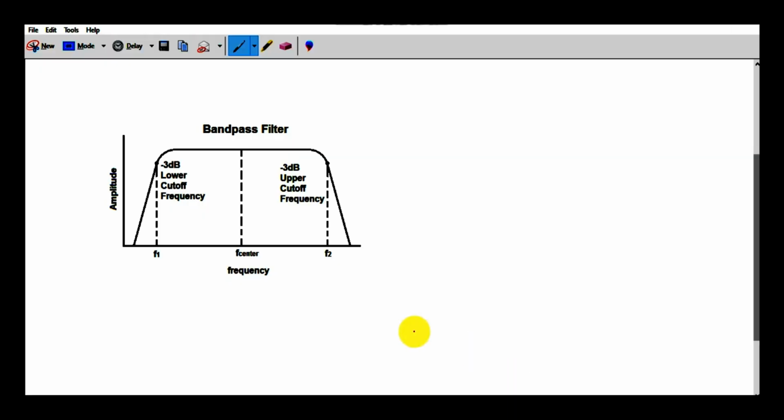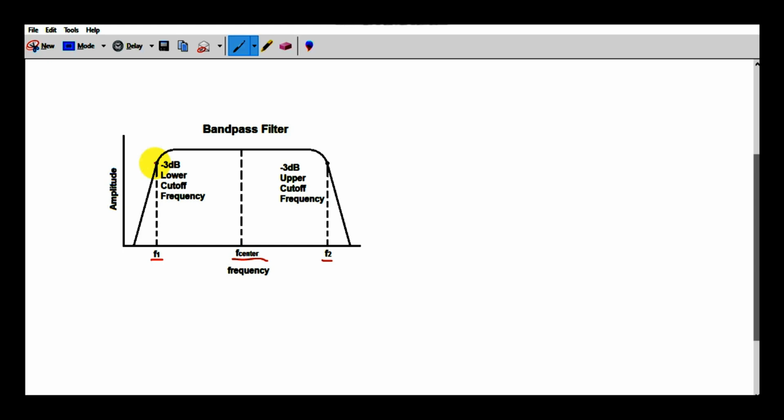Let me show you the amplitude versus frequency plot for the band pass filter. As the name suggests, a band pass filter passes a certain selective frequency range. Let's say this is frequency f1, this is frequency f2, and this is the center frequency f center.